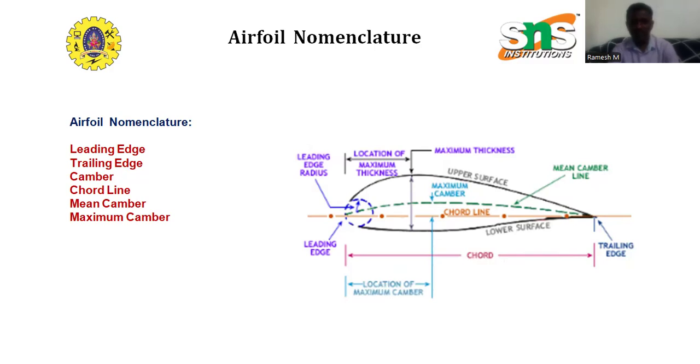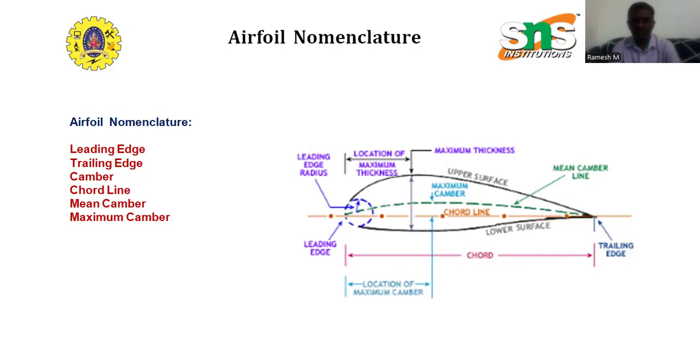And we should know the maximum thickness of the airfoil as well as the maximum chord line. So those kinds of things we have to know in the airfoil. As well, we have another thing called the NACA series. NACA means National Advisory Committee for Aeronautics.